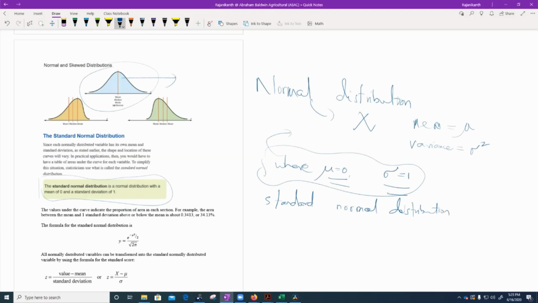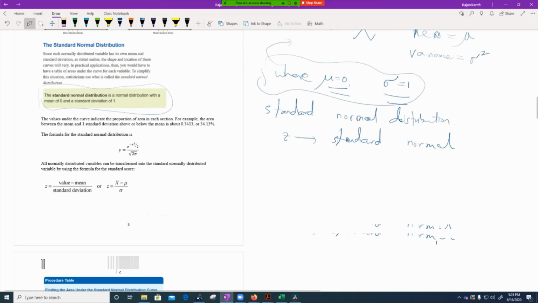Now we use little z for the random variable which is standard normal. So the standard normal random variable is denoted throughout this course as little z. If you look at the standard normal distribution, the formula is always much simpler than the normal distribution, right? So this is the equation of the standard normal distribution.